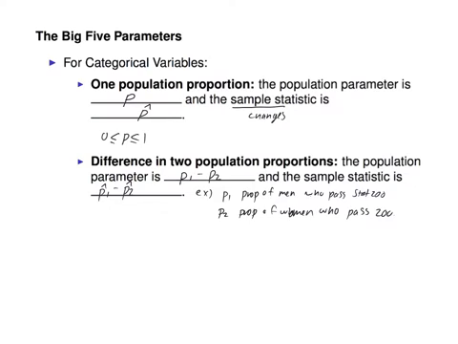You might want to ask yourself, are those two populations different? Do women pass more often than men, or vice versa? Does that make sense?